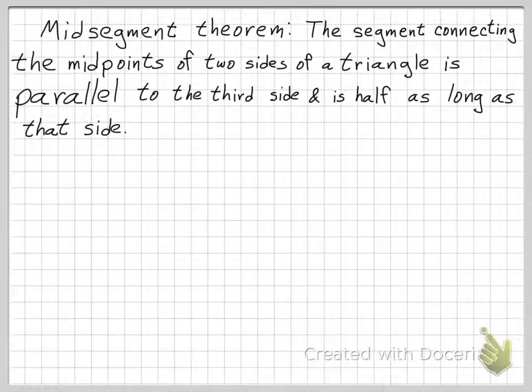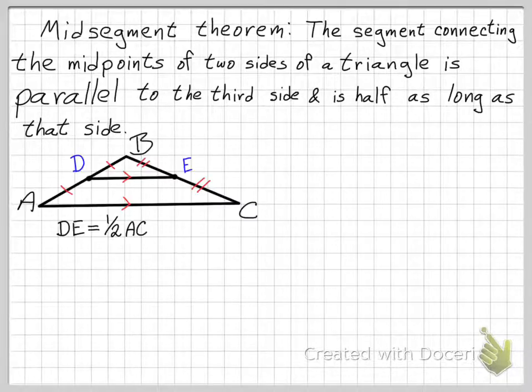This is basically just repeating the theorem again. The mid-segment theorem: the segment connecting the midpoints of two sides of a triangle is parallel to the third side and is half as long as that same side. So in triangle ABC, line segment DE is the mid-segment.